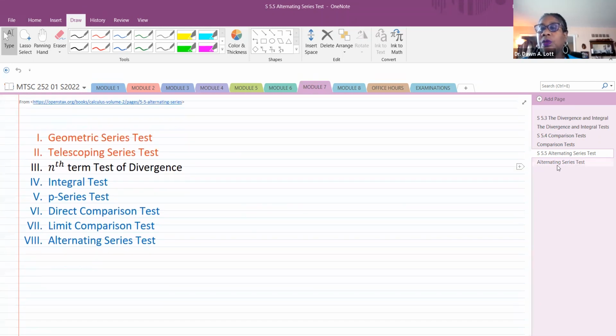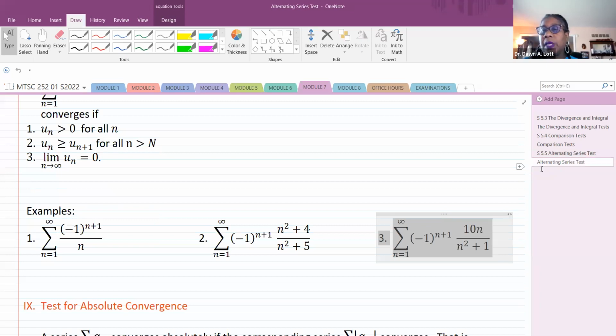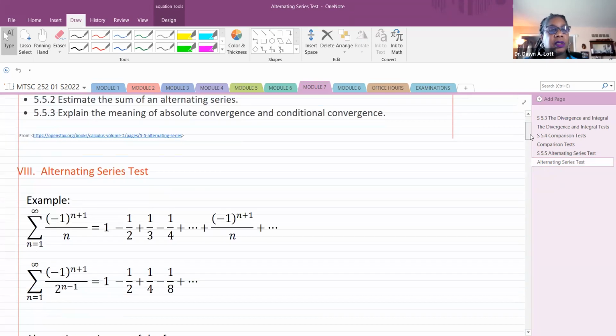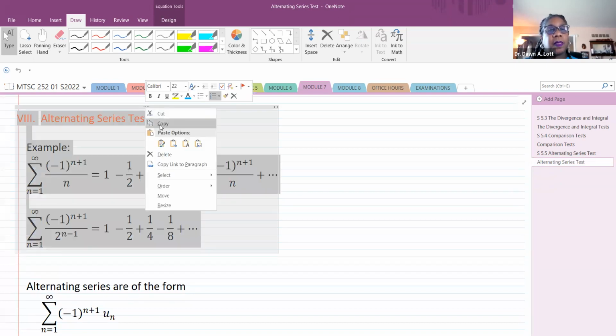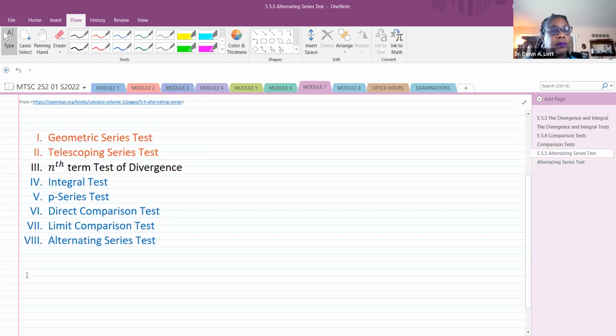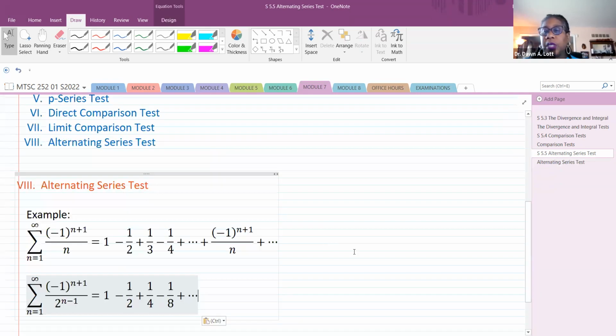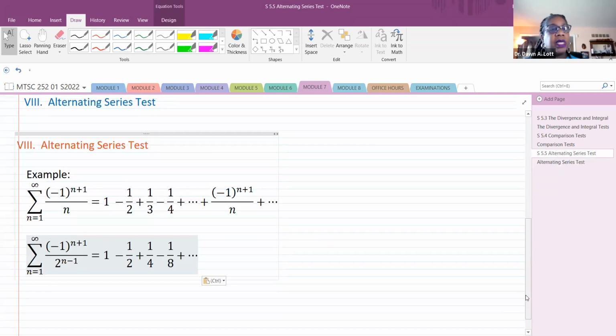I'll have some questions for you again. All righty, so here is the alternating series. I'm going to give you an example first of what an alternating series looks like. An alternating series will have -1 to the n plus 1. You may see -1 to the n, and you may also see -1 to the n minus 1.